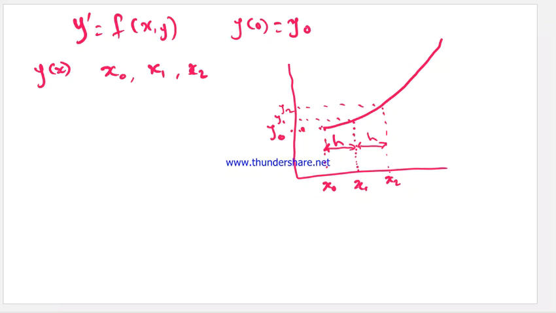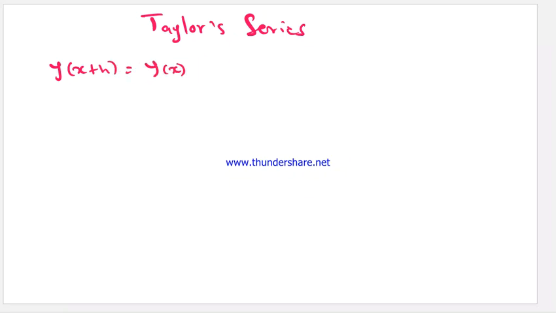The concept that really gives us the expression for this method is called the Taylor series, and it is expressed like this. To find the next y in the series, y(x+h) is equal to y(x) plus h y prime(x) plus h squared over 2 y double prime(x), and so on.